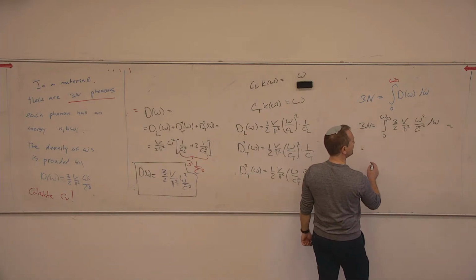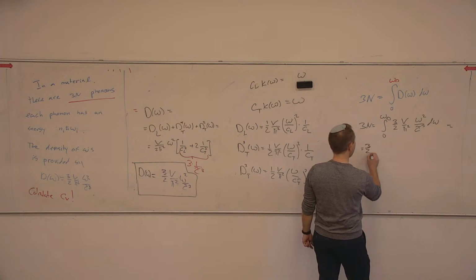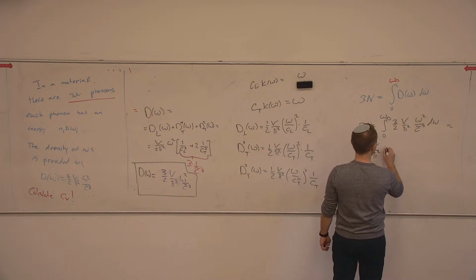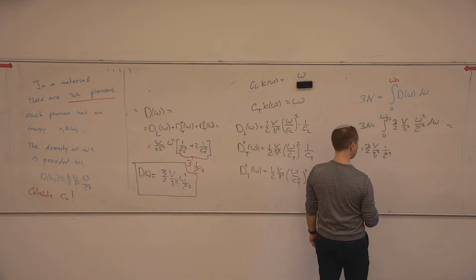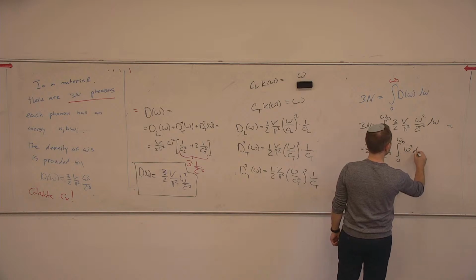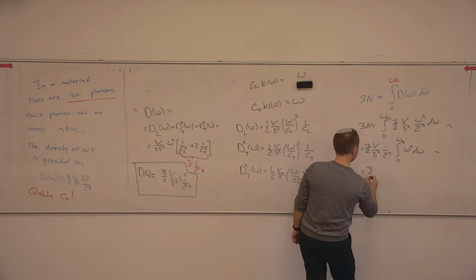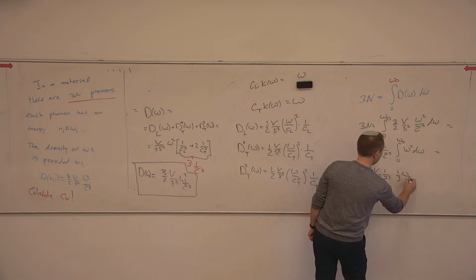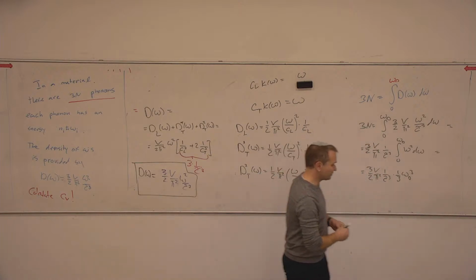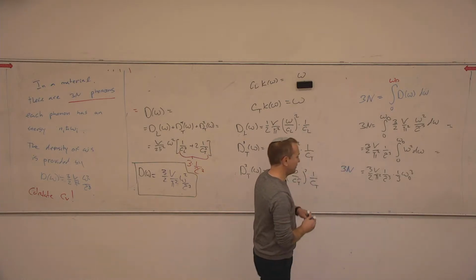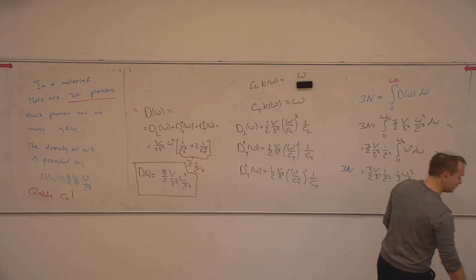Let's take everything which is not related to omega outside of the integral. So we have 3/2 v pi squared, 1 over c tilde to the third, integral from 0 to omega Debye, omega squared d omega. You're getting 3/2 v pi squared, 1 over c tilde to the third, multiplied by 1/3 omega Debye to the third power. This is the right hand side. The left hand side is simply 3n. And from this equation, we get the omega Debye.